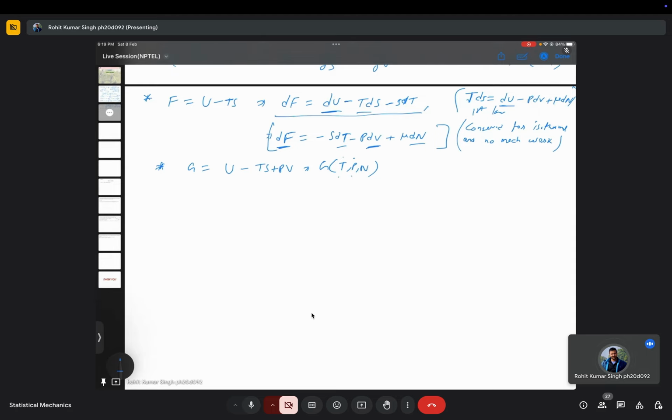And so this is conserved in an isothermal process, because it's a function of temperature. So if there is no rise in temperature, it is basically conserved. And also if there is no change in pressure, that means there is a constant force applied on the system.